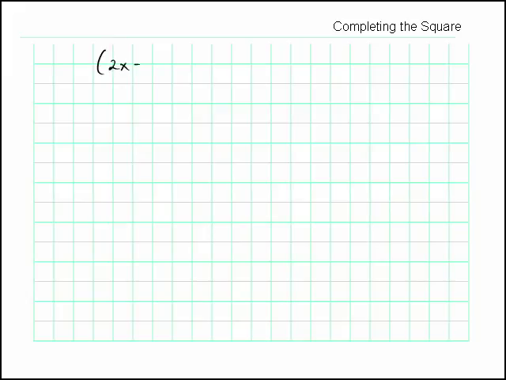2x minus 3 squared equals 18. I'm going to take the square root of both sides with our plus or minus sign. On the left, I've got 2x minus 3.